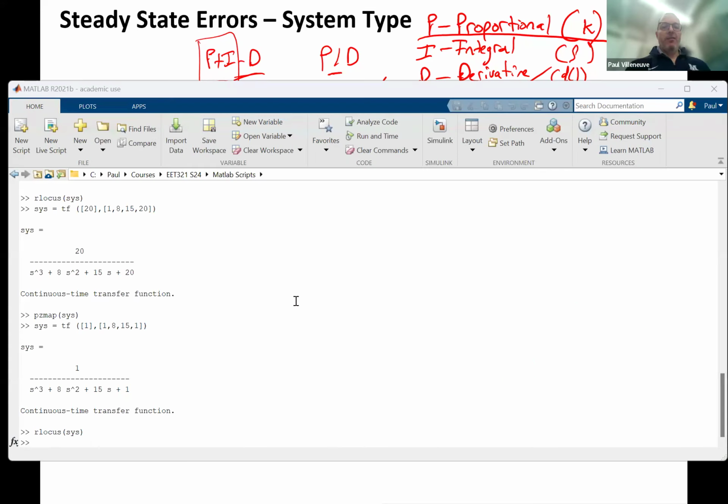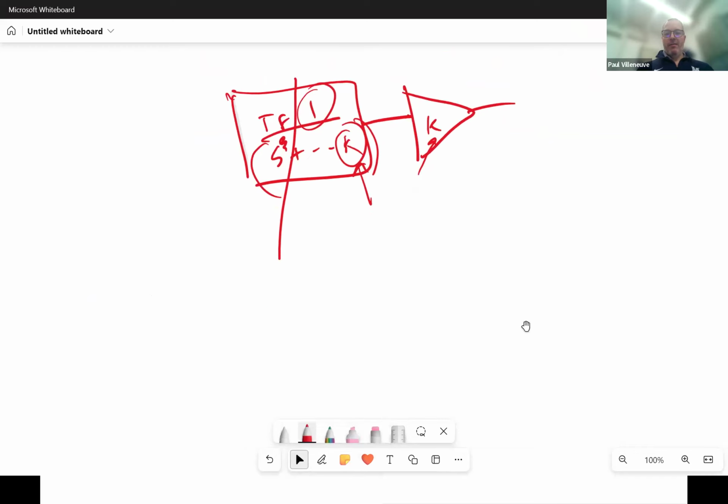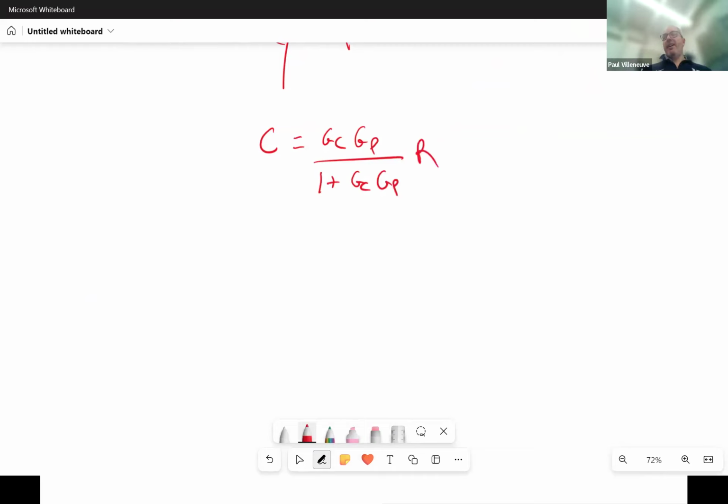All right, so let me go ahead and copy over. Okay, so we said our C is equal to G controller, G plant over 1 plus G controller, G plant times my value of R. And then I said my error is equal to what I want minus what I have.